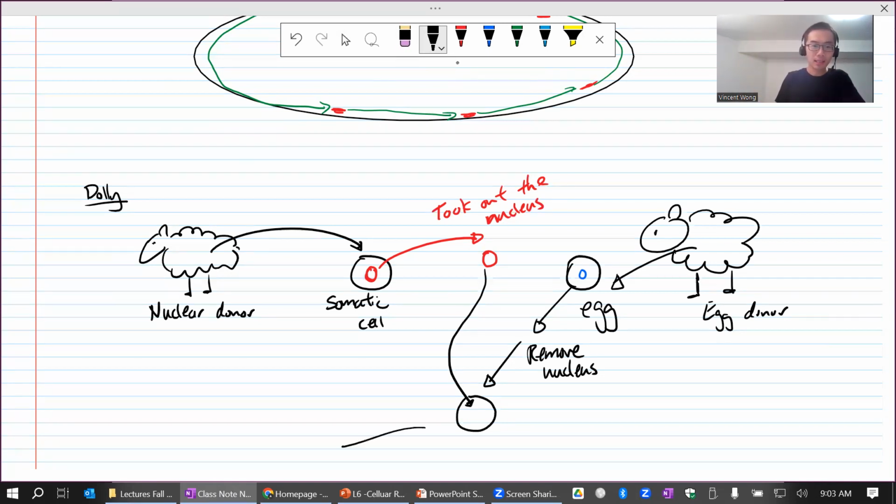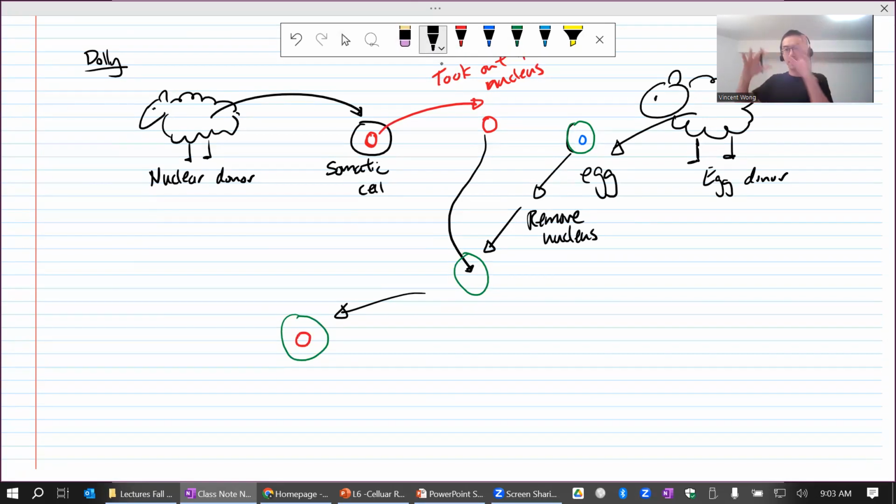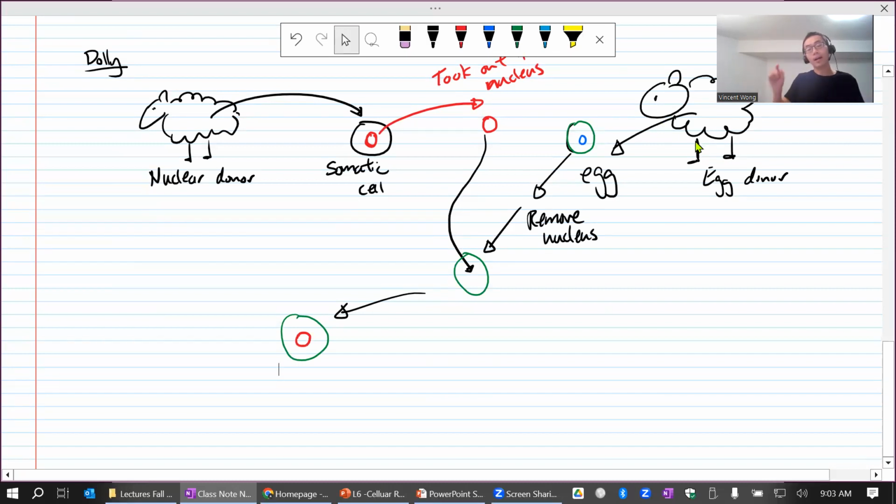So in the end, you have the egg plus the nucleus. Maybe I'll use a different color for the egg so we don't get confused. So this is the egg from the egg donor with the nucleus from the nuclear donor. Now, how's that different from the actual egg of the egg donor? Well, an egg only has half the genetic material. Because we have 46 chromosomes in humans.